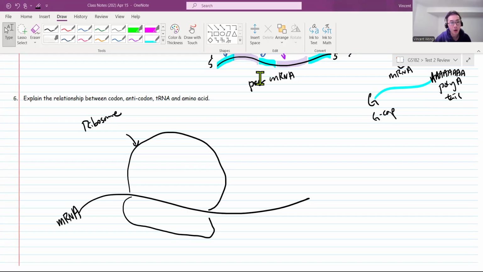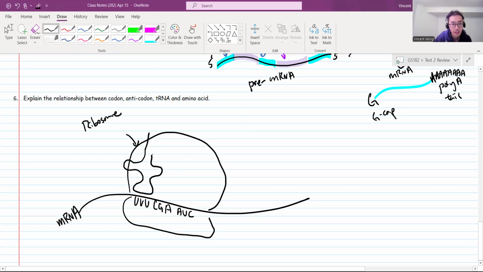On the messenger RNA, you're going to have the codon, UUU, CGA, AUC, whatever. The key thing to know is you're going to have the transfer RNA, which looks like a clover leaf, carrying an amino acid.